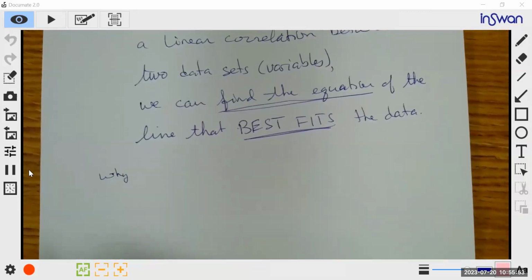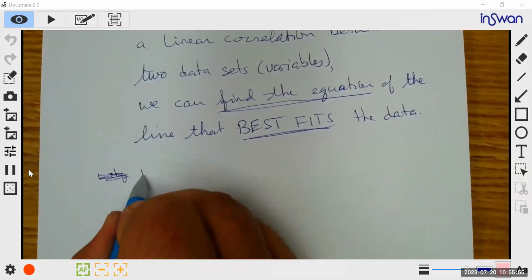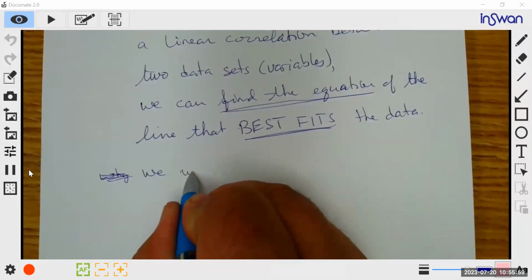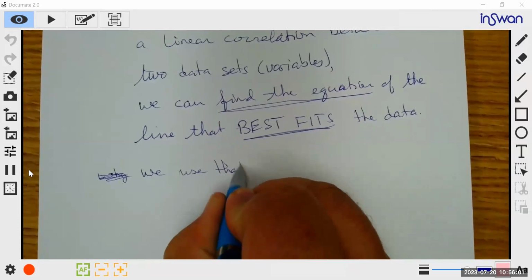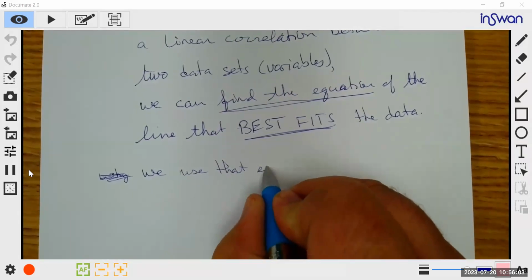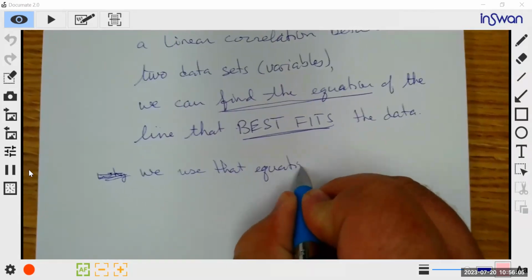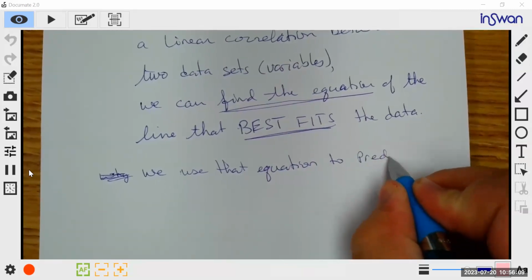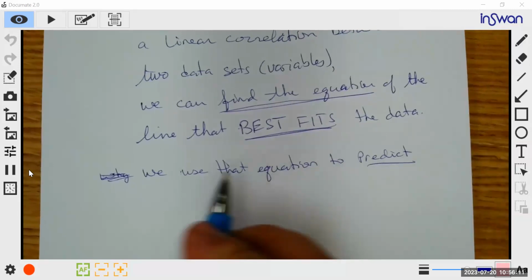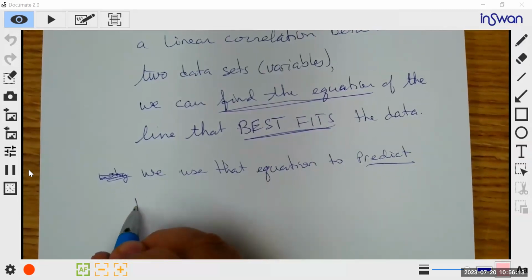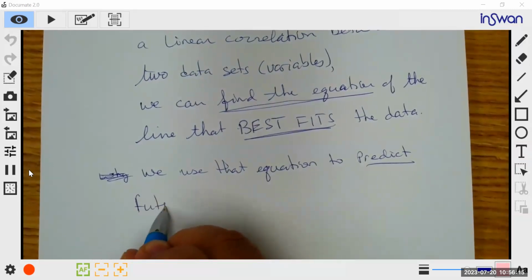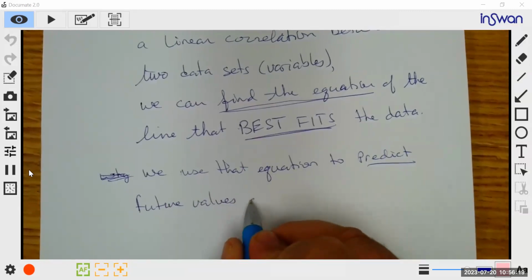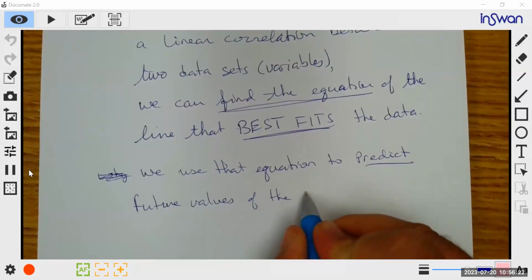Very good. We use that equation to predict future values of the data.